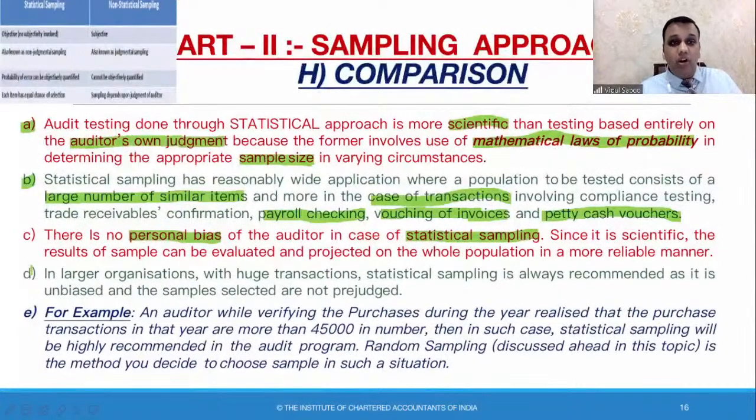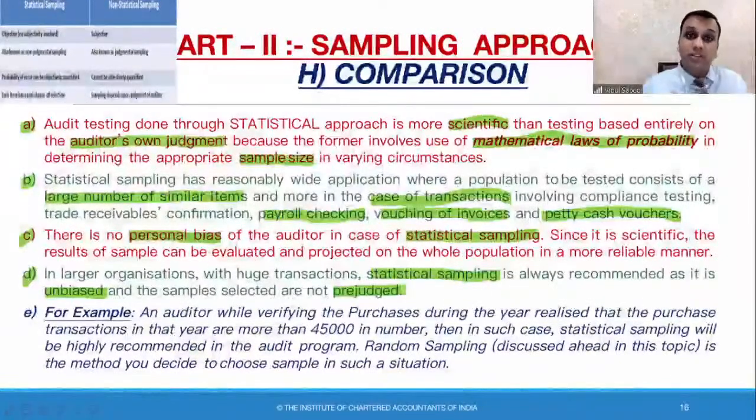In larger organizations where huge transactions are there, statistical sampling is always recommended, as it is unbiased and the samples selected are not prejudged. Because if you are using a mathematical formula, there is no personal judgment involved. Whatever you get is a result of that formula, and anybody with different professional judgment, if they use that formula, will get the same result.